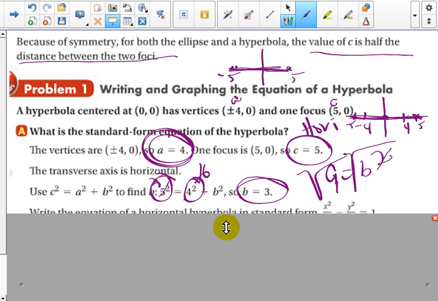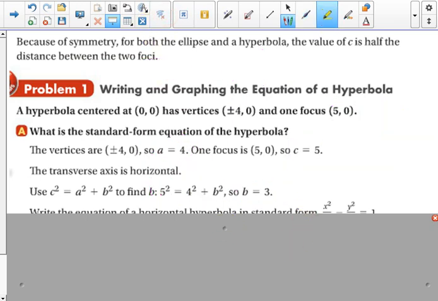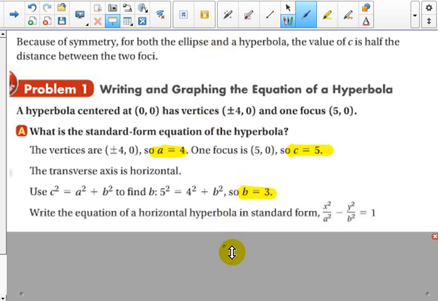So now we have A, B, and C. So now they ask us to write the equation. So let me highlight these. B is equal to 3, A is equal to 4, and C is equal to 5. There they are, A, B, and C. Now we're just going to plug it into that hyperbola equation for horizontal hyperbola. So it's x squared over A squared minus y squared over B squared equal 1.